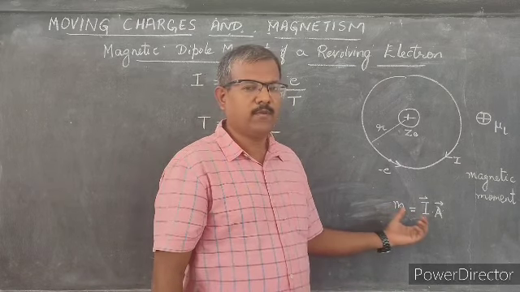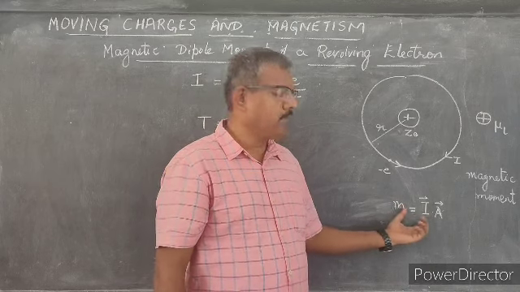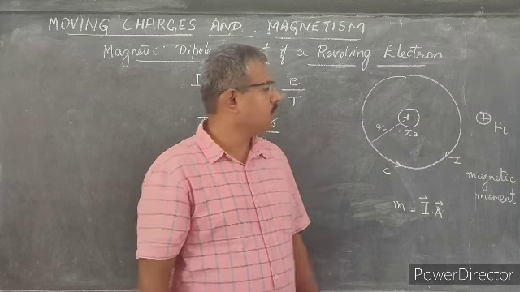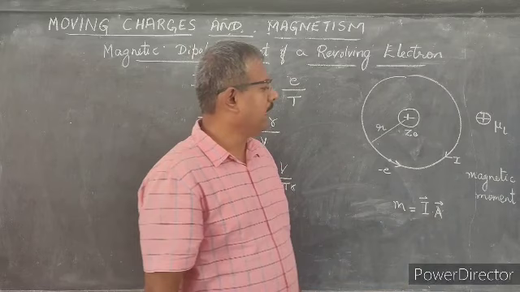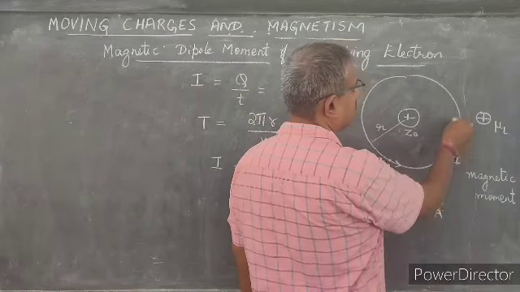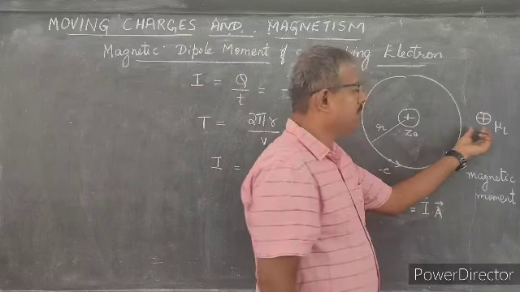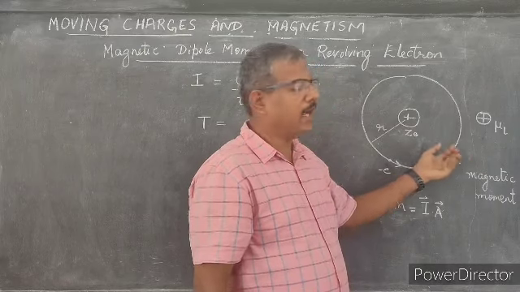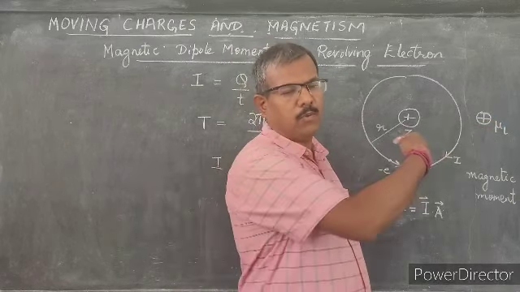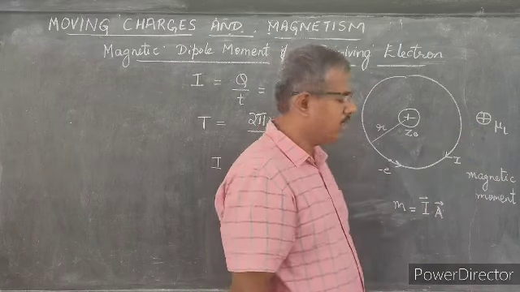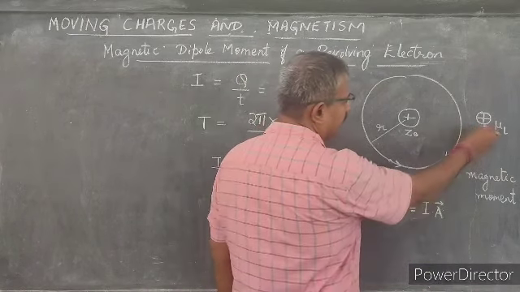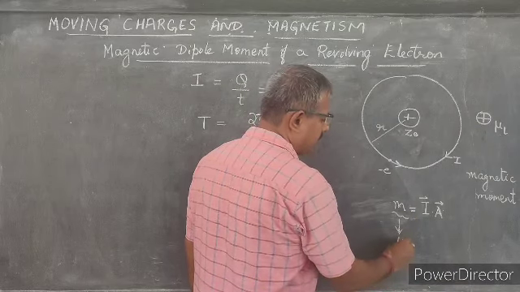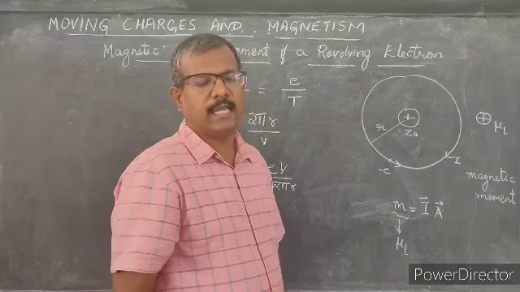There we found that the magnetic moment is perpendicular to the direction of the magnetic field. So over here too, the magnetic field is being generated due to this current, and the associated magnetic moment is perpendicular to the plane of the loop and it is directed into the board. The magnetic moment is directed into the board and it's usually indicated by the letter mu L. So instead of M, we denote it for an electron as mu subscript L.